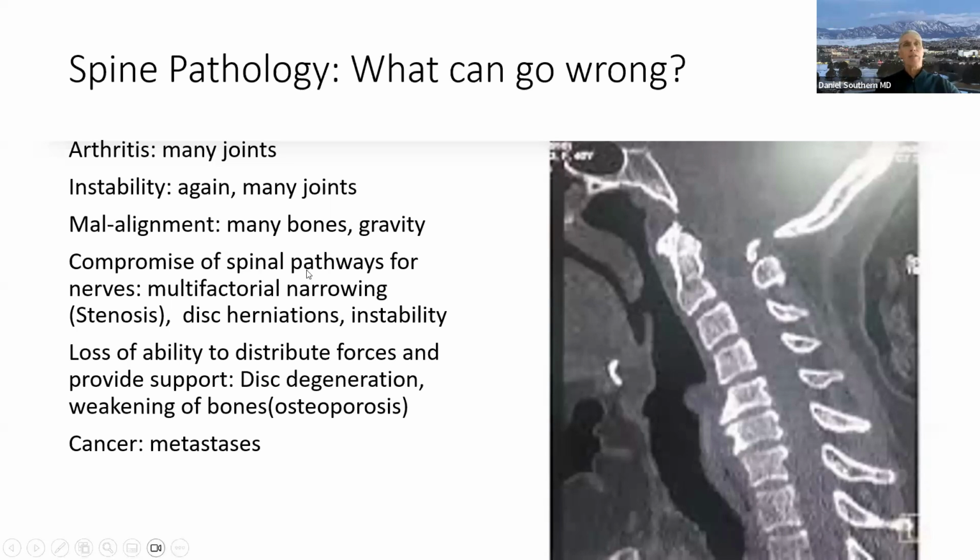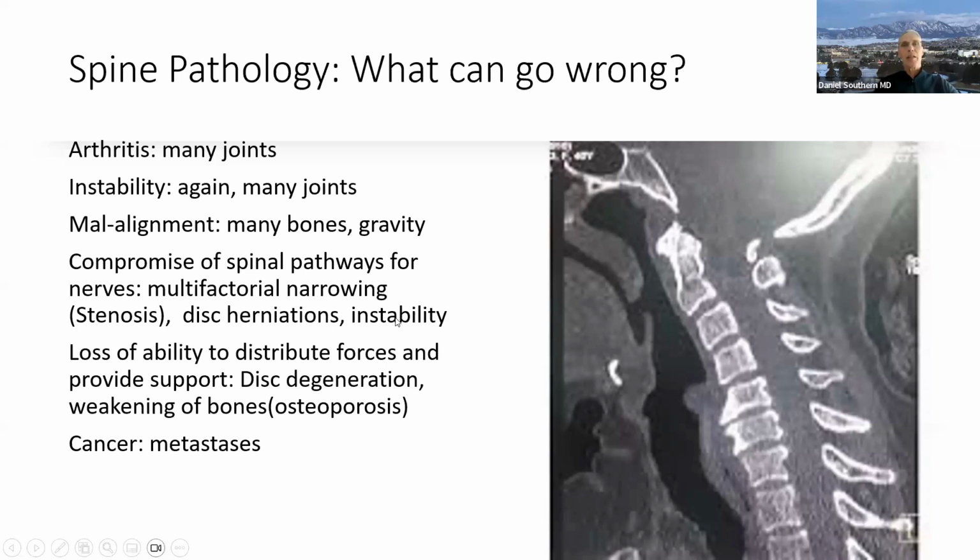There can be compromise of the spinal pathways for nerves within the spine. Notably, we're talking about narrowing, which is multifactorial as we age. And the narrowing in the spine can reach a point where nerves become involved, and we call this stenosis. But disc protrusions, herniations that push back into the spinal pathways can also irritate nerves, causing sciatica and arm pain.